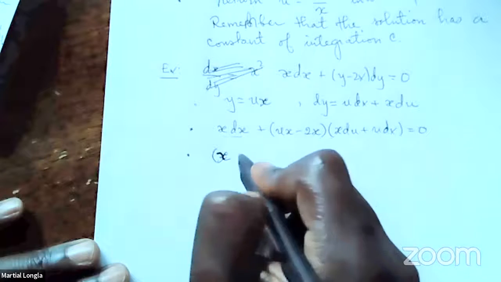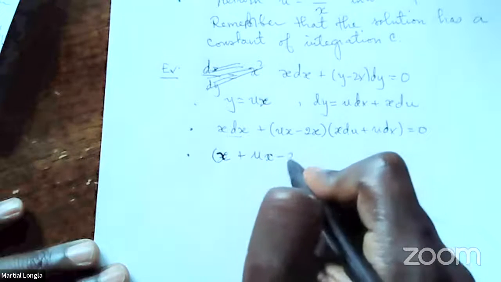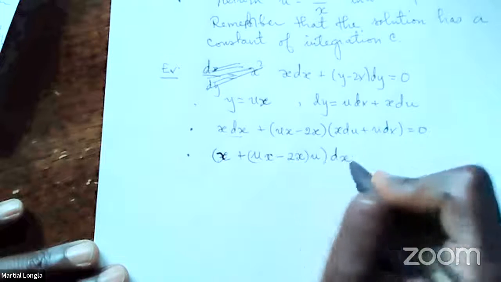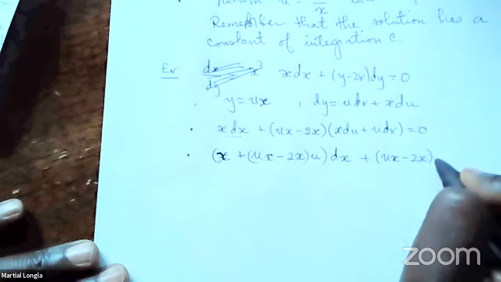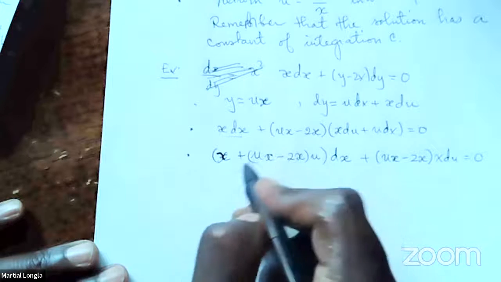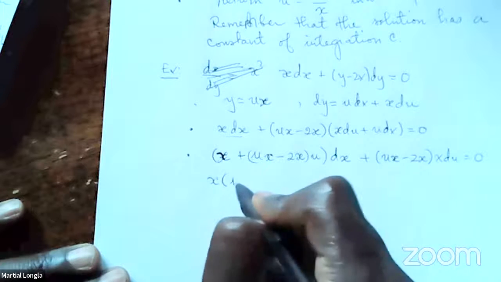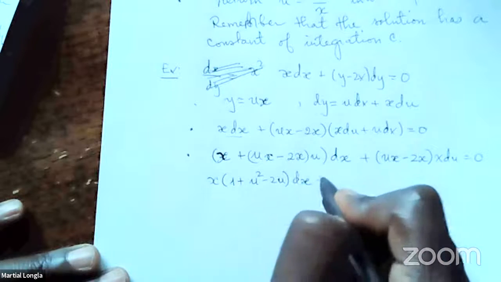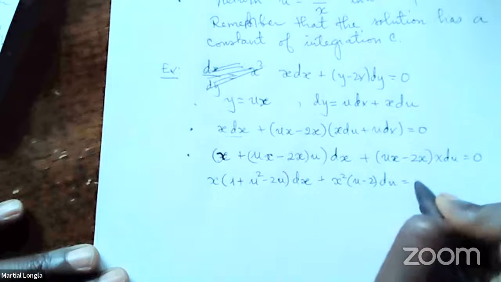So that's going to be plus ux minus 2x times u, all of that dx, plus ux minus 2x times x du equals 0. And that is x times 1 plus u squared minus 2u dx. That's x squared u minus 2 du equals 0.